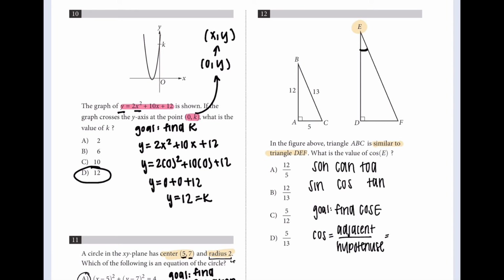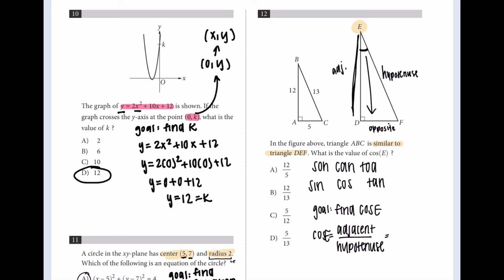So we know that to find cosine of E, we're going to have to use the adjacent side to E divided by the hypotenuse side of the triangle. So if we look at the adjacent side, which is going to be the side that's right here, note that this is the adjacent, this would be the opposite side, and the longest side, this side right here, that would be the hypotenuse. And this is adjacent.